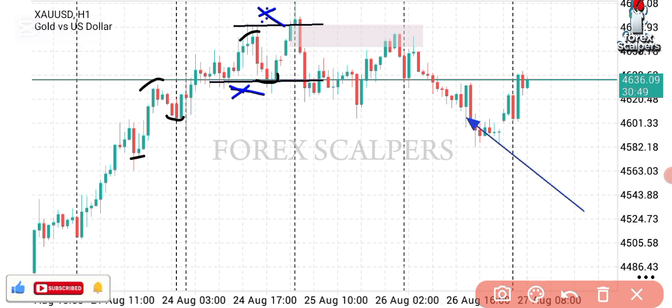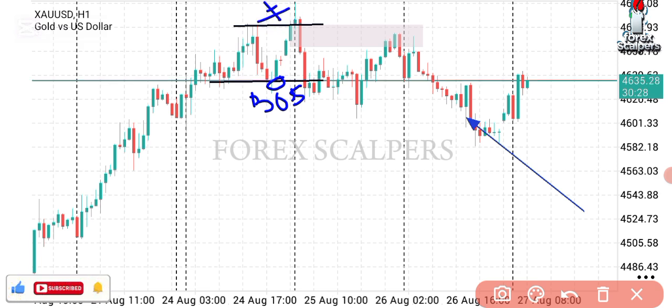So at this point we had a break of structure here. So this is my BOS. This BOS happened because price took away this low. So immediately I had that BOS, and I had this liquidity. That liquidity was taken there.